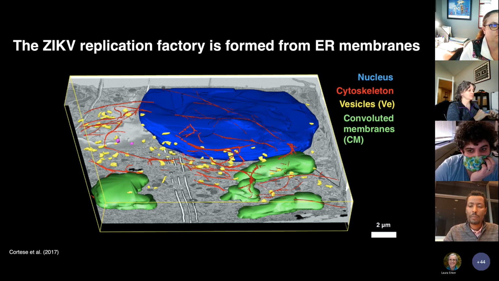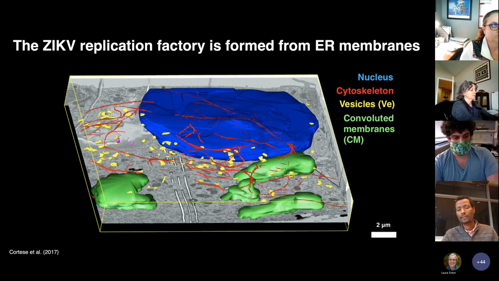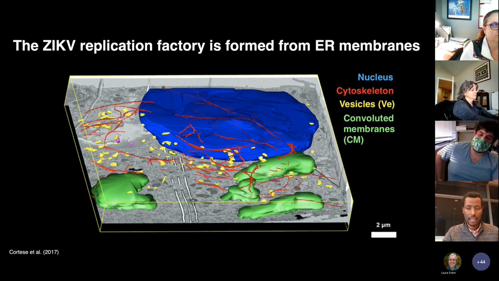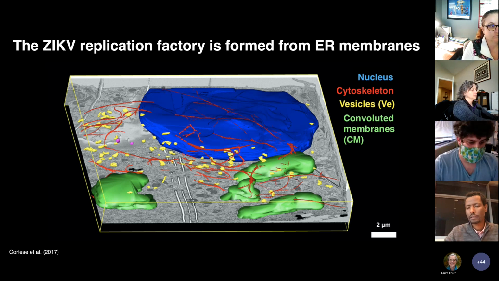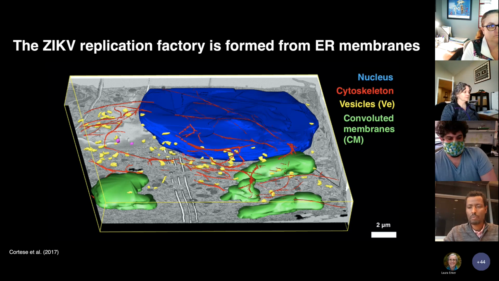And also there is one paper that shows that hepatitis C virus, which is also in the Flaviviridae family, just expressing NS4B of hepatitis C virus causes lipid remodeling.